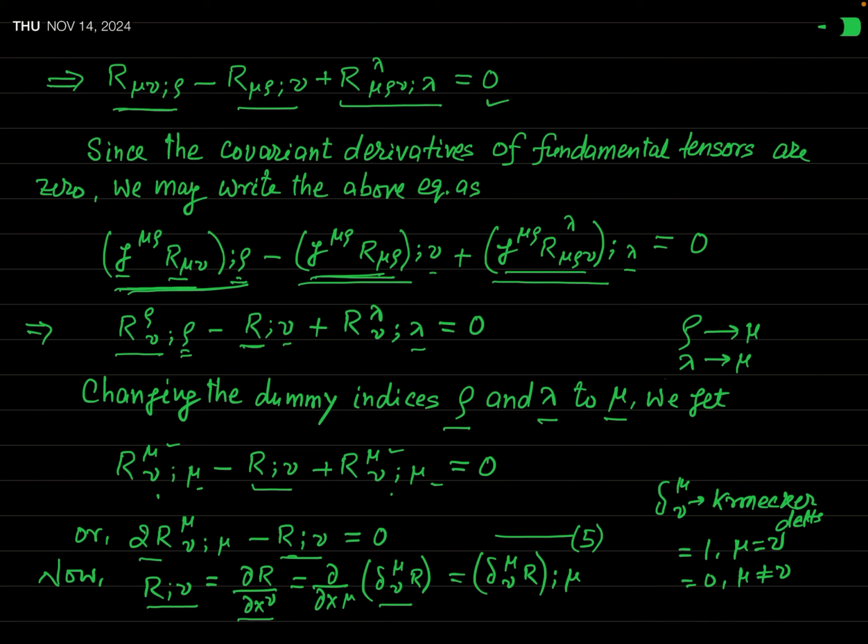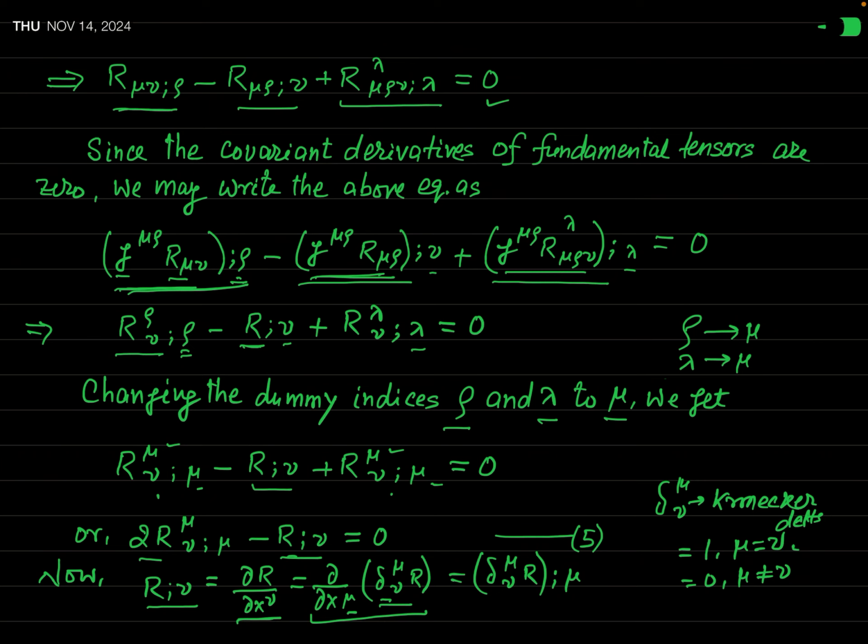So when mu is not equal to nu, this term will be 0, but when mu is equal to nu, the Kronecker delta will be 1, so our term will be simply del R by del x nu. So instead of del R by del x nu, we can easily write this.